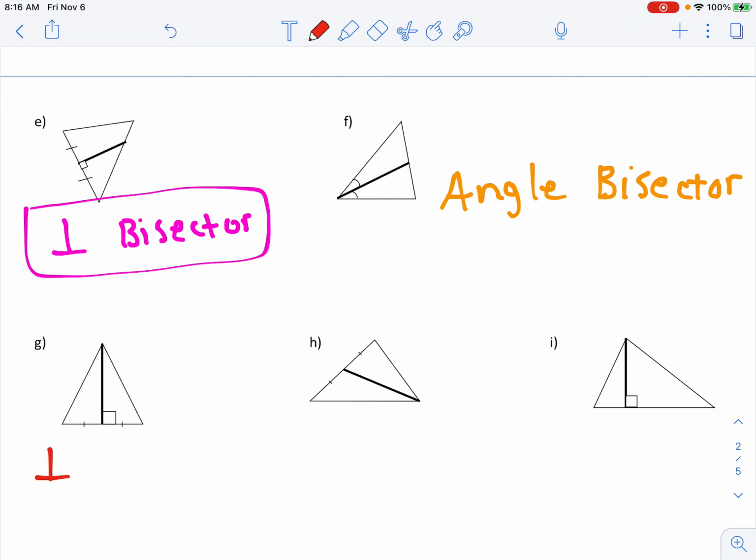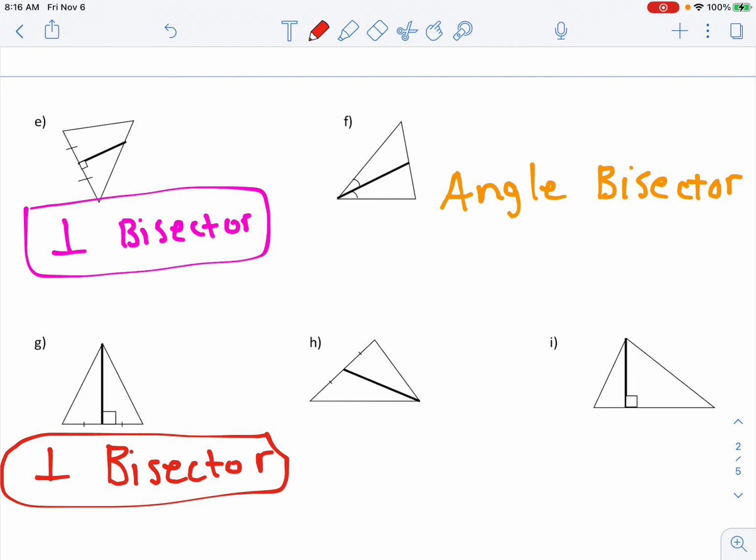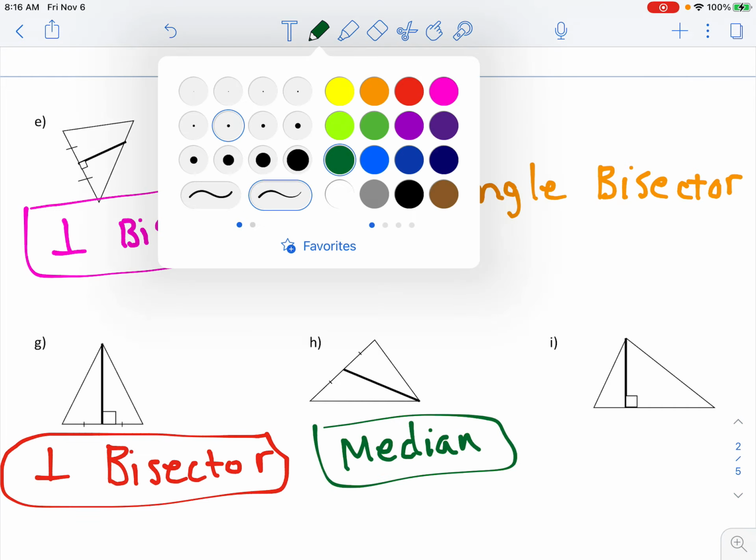It does two things, so we call it a perpendicular bisector. All right, let's go to letter H. Letter H only gives us tick marks. If we just split a line into two equal parts from a segment, we call that the median. Split it into two equal parts only.